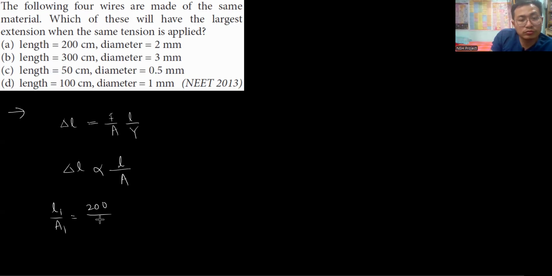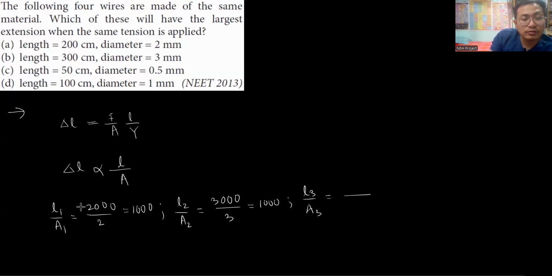So 200 centimeters converted to millimeters gives 1000. Then L2 by A2 is 3000 by 3, which is also 1000. Then L3 by A3 is given by diameter. Sorry, diameter gives the area. So anyway, that doesn't make much difference.